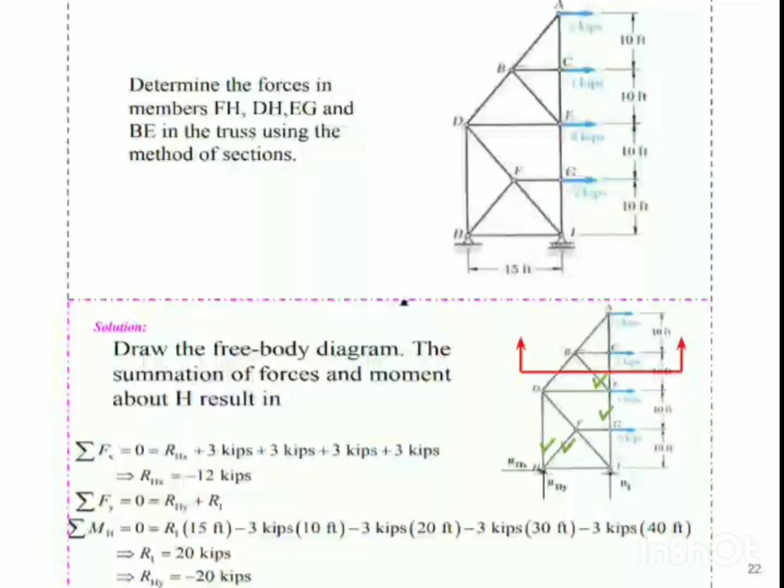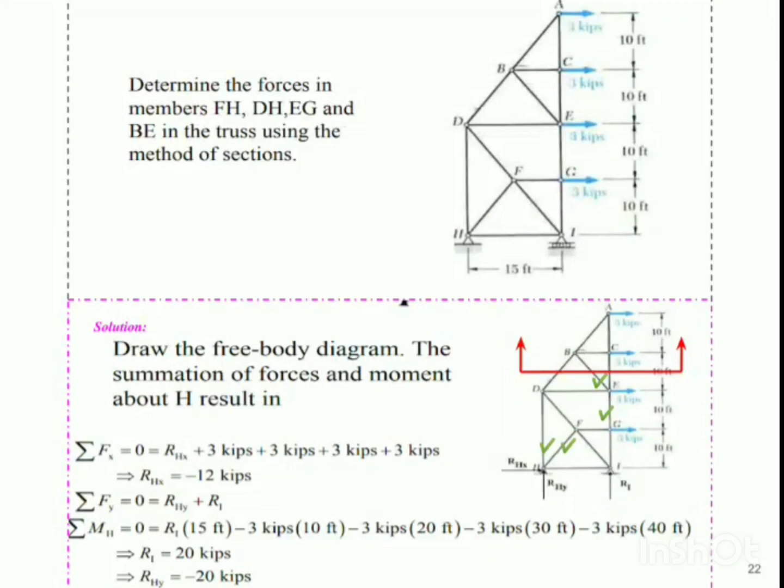Now, one thing, we have drawn a section line over here, represented by a red colored section. You can call this section as section 11, section XX, or you can name it accordingly. But note that the members DH and FH, one is inclined, the other is vertical.